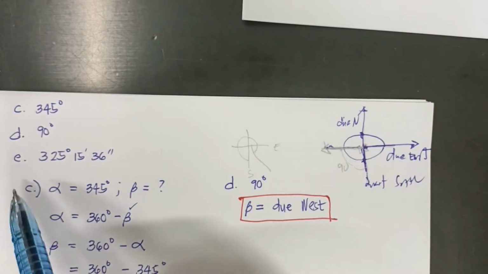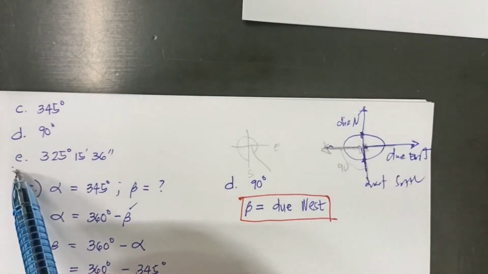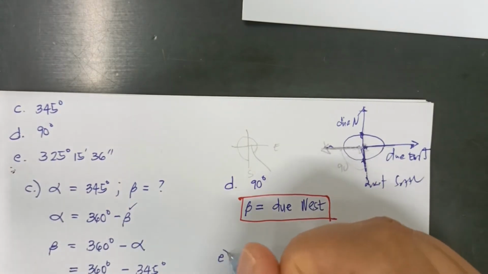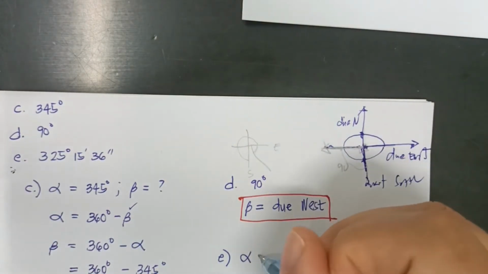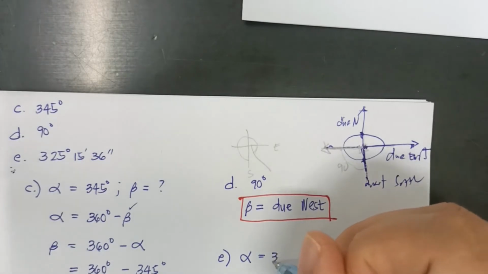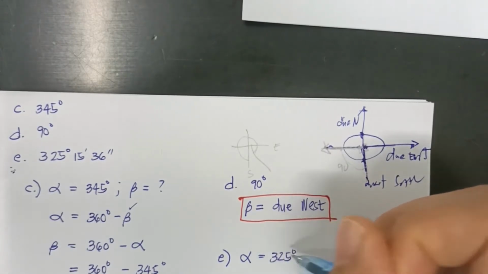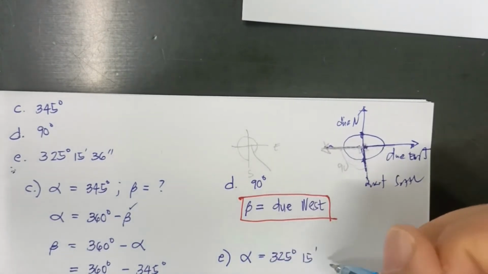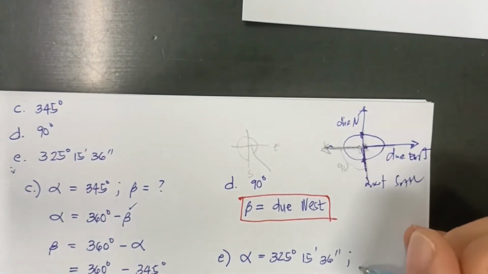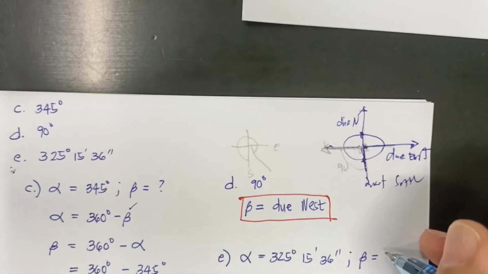We have here another example, letter E. For E, you are given the azimuth, which is equal to 325 degrees, 15 minutes, 36 seconds, and what is the bearing or beta?